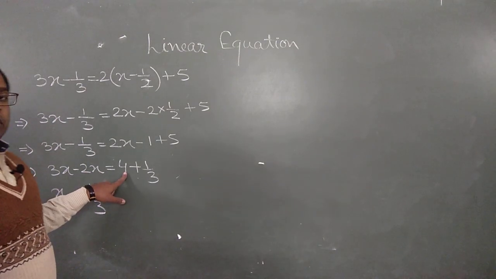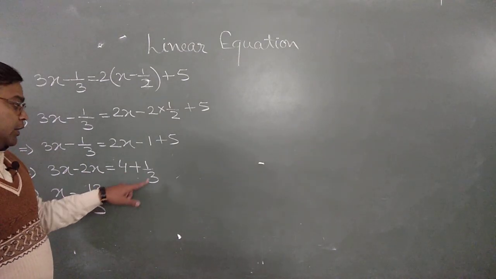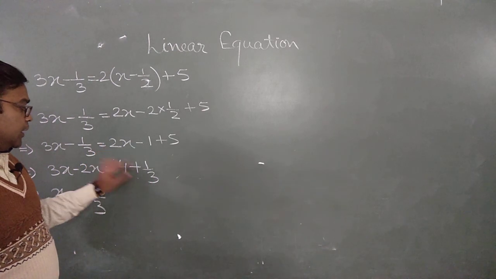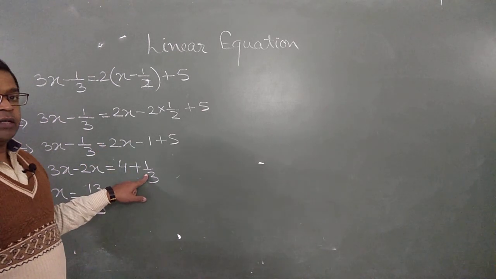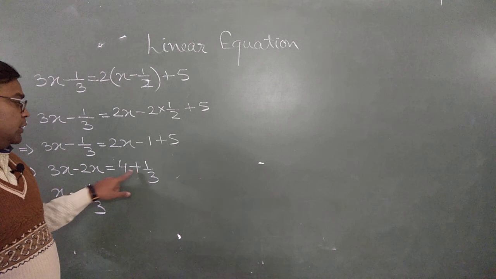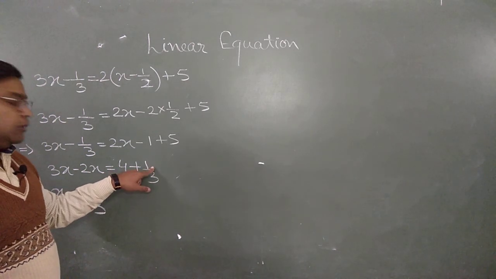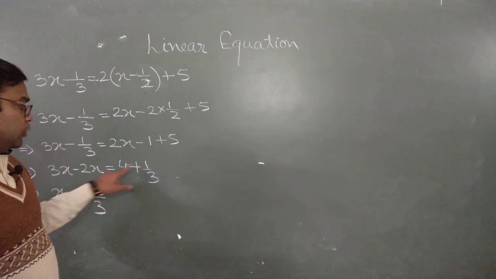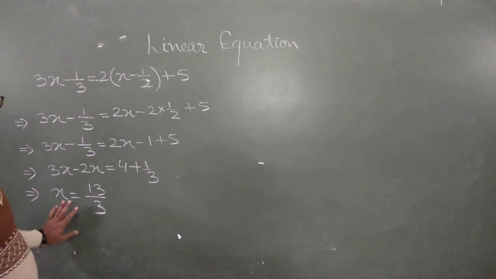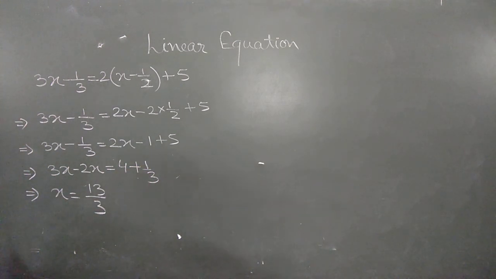If this type of condition occurs, you have one as a number and the other as a fraction part. How do you find the solution? With plus sign. So 4 into 3 is 12, 12 plus the numerator given 1, 12 plus 1 is 13 upon 3. This is the value, and now you have to verify.